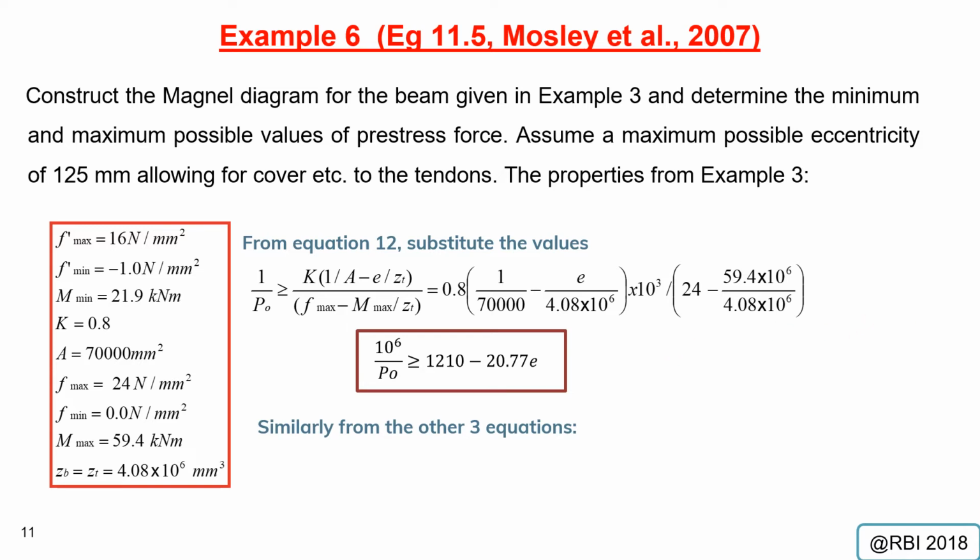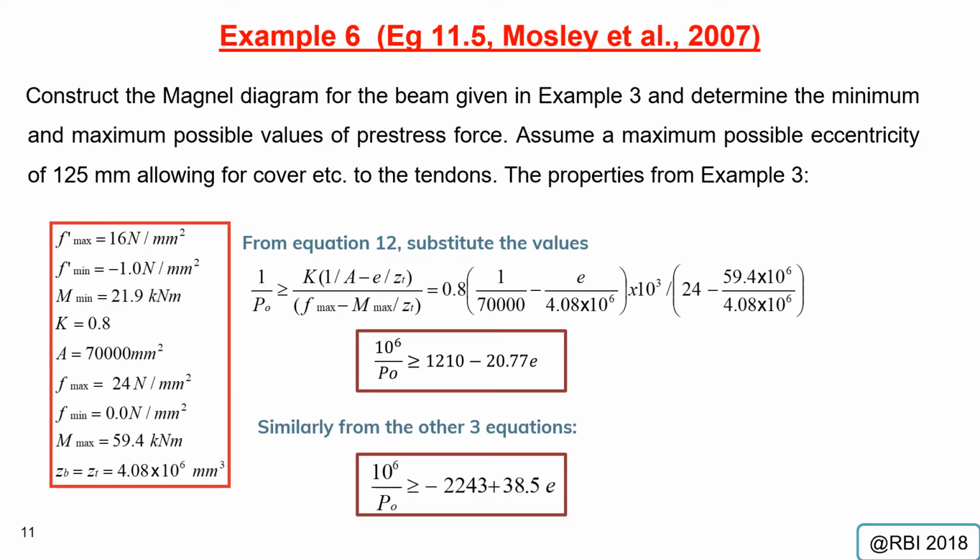If you look at the form of how the equation is written here, you will see that there is 10 power of 6 over p naught. It's better, when you construct your Magnel diagram, to leave it in this form, 10 power of 6 over p naught. So that is equation 12.